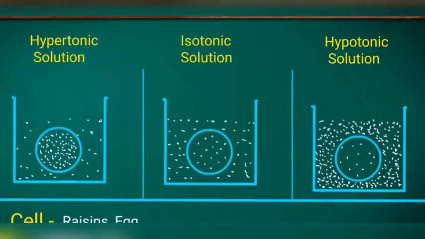Due to that, the water moves inside the cell. Due to that, the cell gains water and it swells. And if a large amount of water gets inside, then it may burst as well.